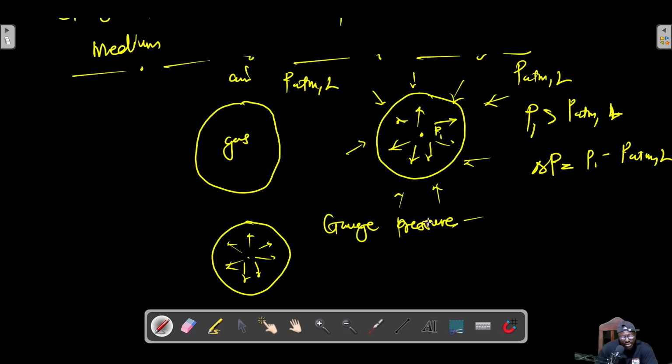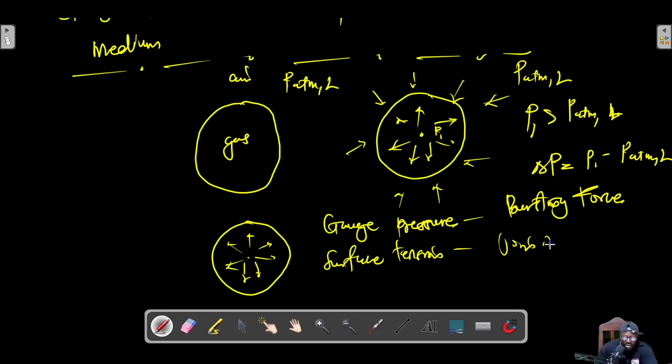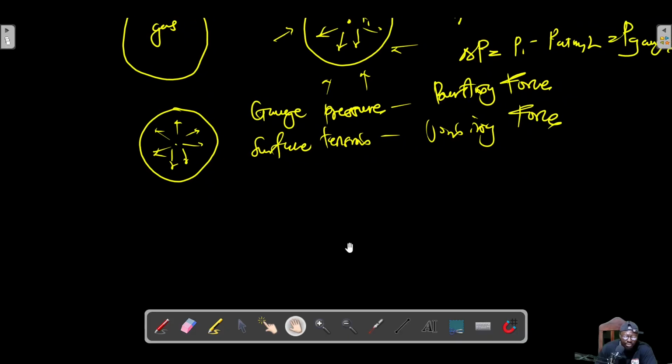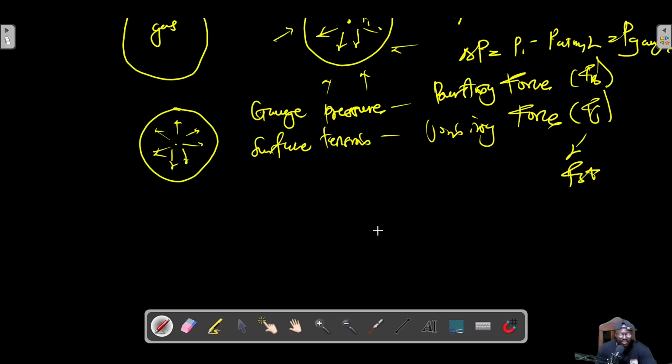I said this in the previous lecture: the gauge pressure provides the bursting force, and the surface tension provides the joining force. So F_B is the bursting force, and the joining force F_J, as I said earlier, is basically your surface tension force.